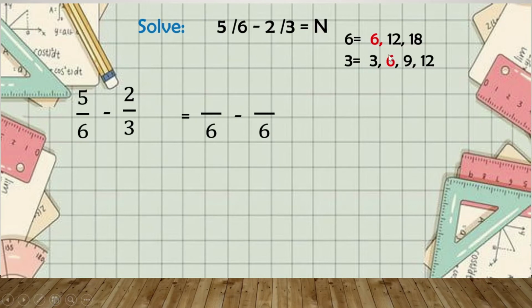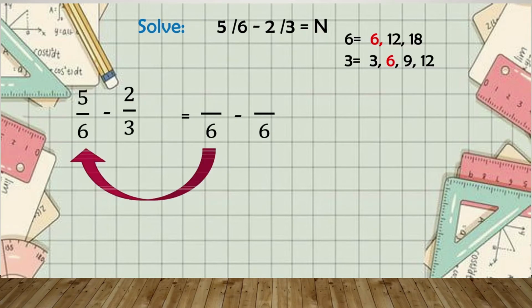It is the least common multiple. So, we are going to use 6 as the new denominator. And then, what is next? We are going to divide the new denominator by the old denominator and multiply by the numerator.